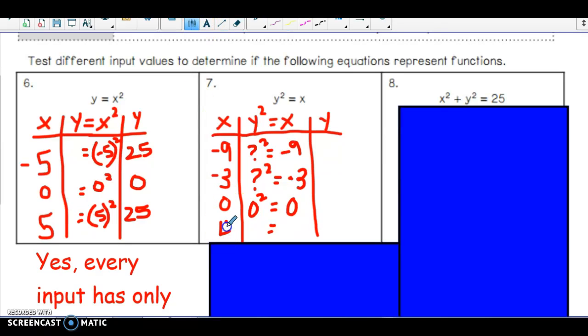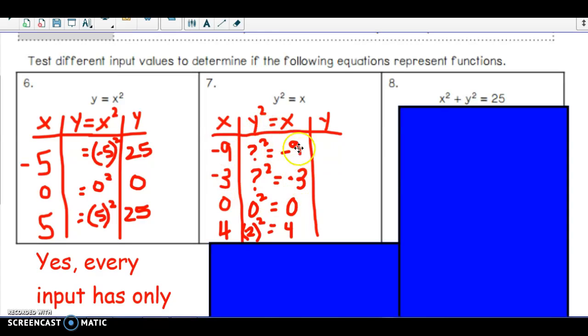4 as an input, as an x value, can be found a couple ways. You can find 4 if you start out with 2 and square it. But couldn't you also put a -2 in here? The fact that we were able to come up with 2 different y values to make this work out tells us right there it's not a function.